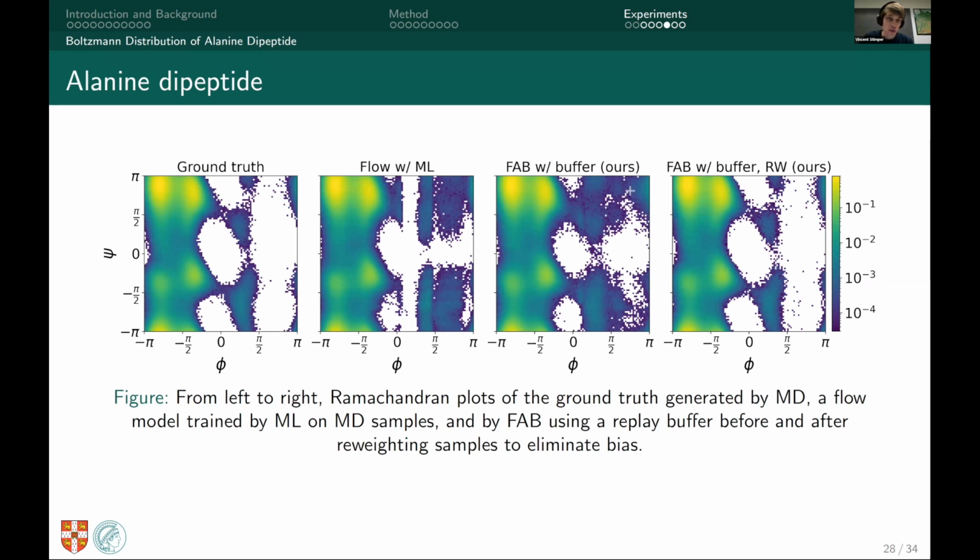Let's first have a look at some Ramachandran plots. Those are plots showing the marginal distribution of those two angles, which I showed in the alanine dipeptide. Here on the left, you see the ground truth, how it's supposed to look.